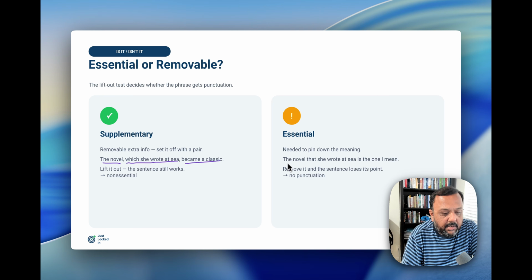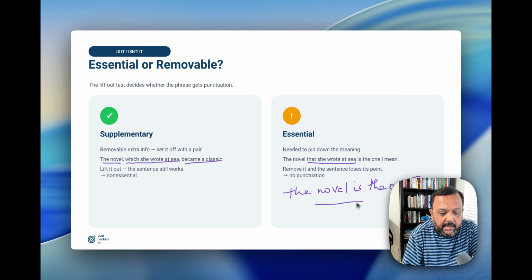Now look at the sentence: the novel that she wrote at sea is the one I mean. Here, if I remove "that she wrote at sea," then it becomes "the novel is the one I mean."